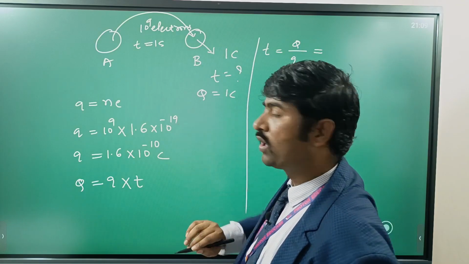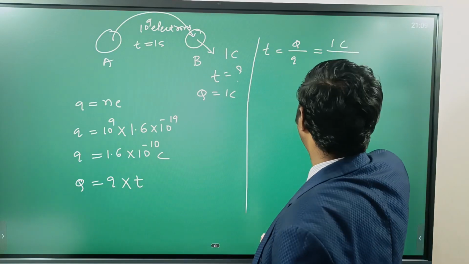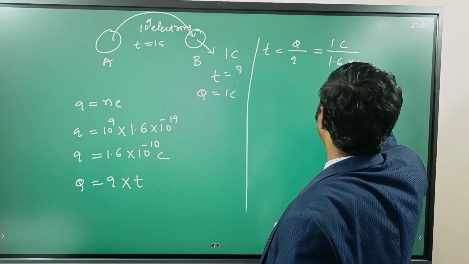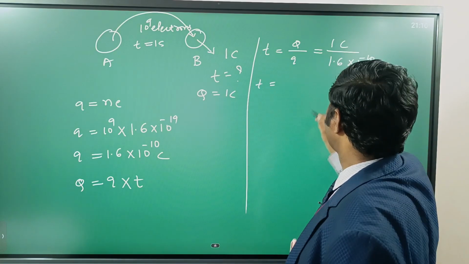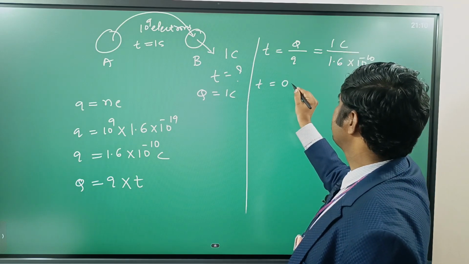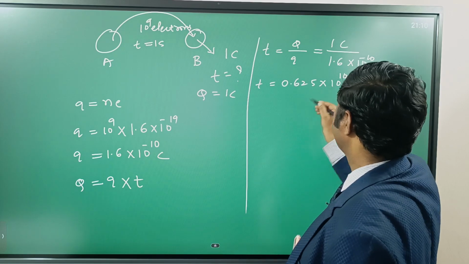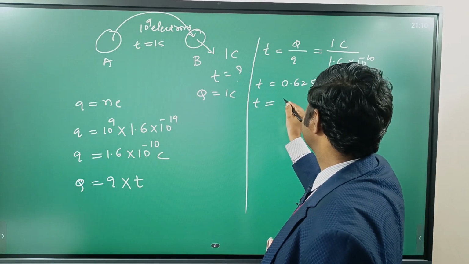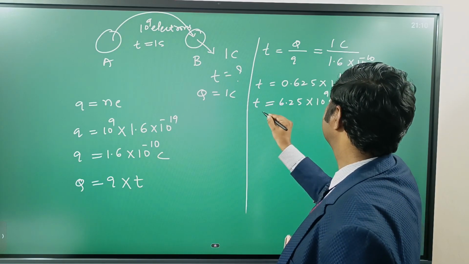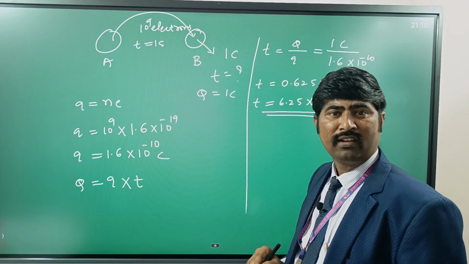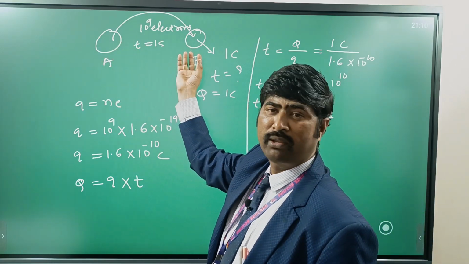You want to deposit 1 coulomb of charge here, and small q you have just calculated as 1.6 into 10 power minus 10 coulomb. Clear? So T is equal to 1 divided by 1.6, which is 0.625 into 10 power 10. If I write this as 6.25 into 10 power 9 seconds, this is the total time taken to transfer the charge from body A to body B.